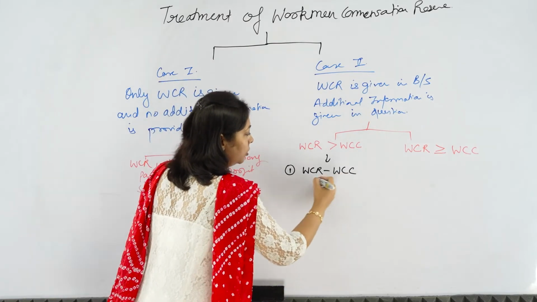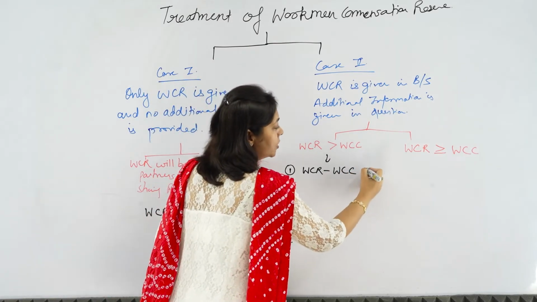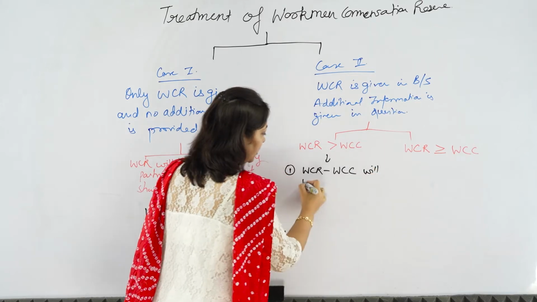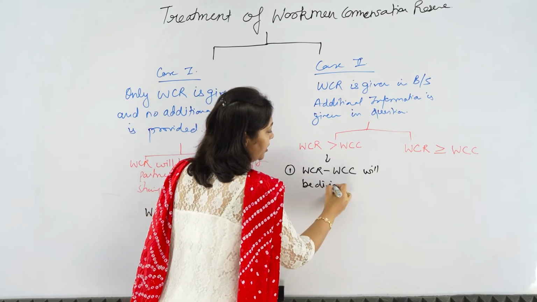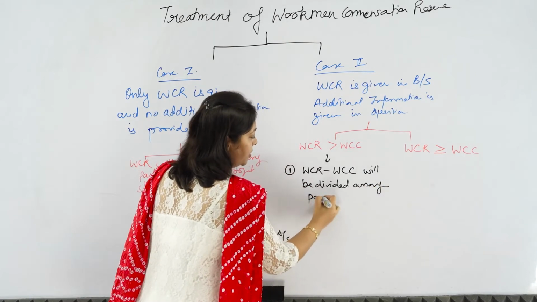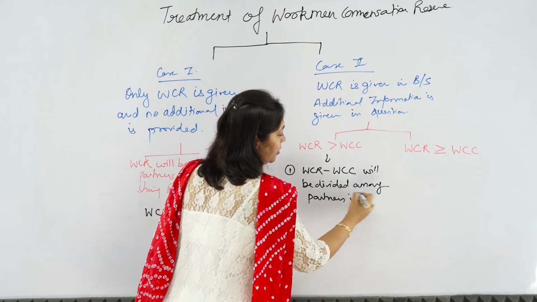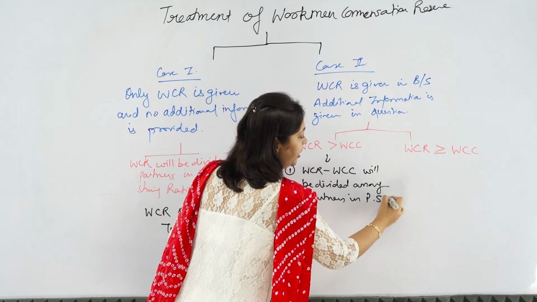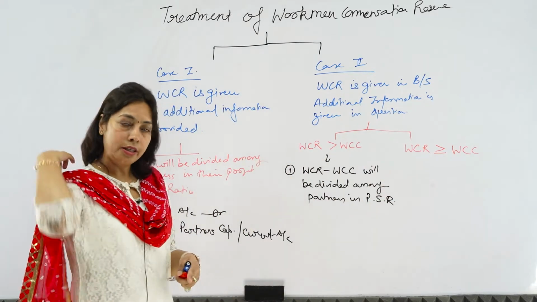So WCR minus WCC will be divided among partners in profit sharing ratio. Got it?